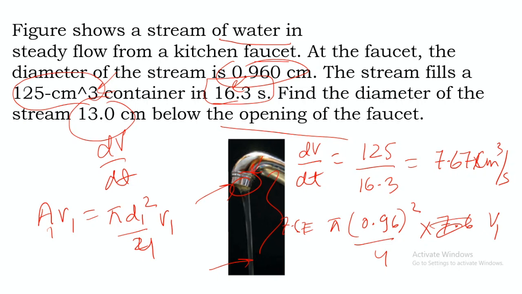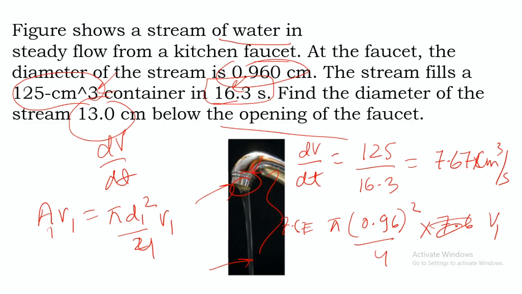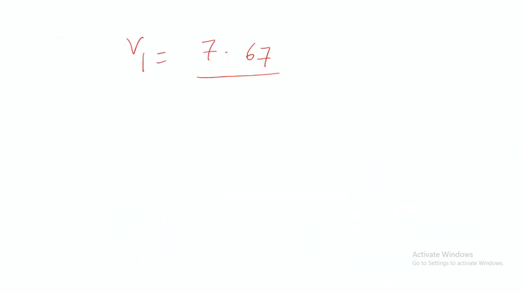So because the other quantity is also in centimeters, our v1 comes out in centimeter per second. This comes as 6.67. This is our dv1, and when you solve this whole thing, it comes out as 0.7247.